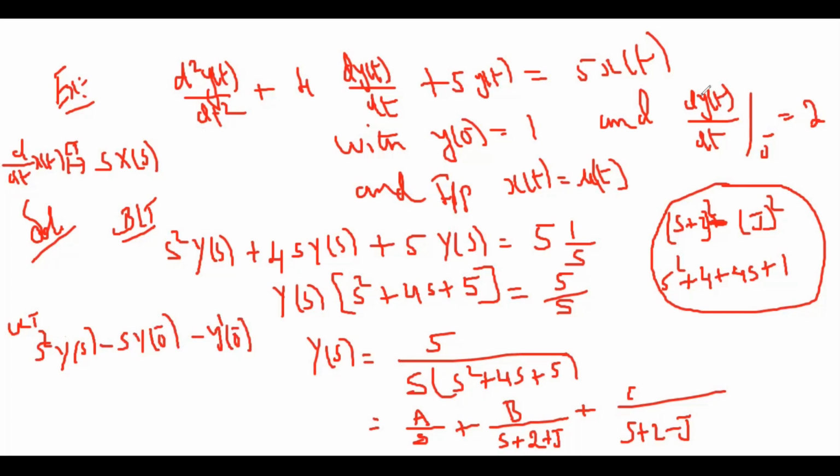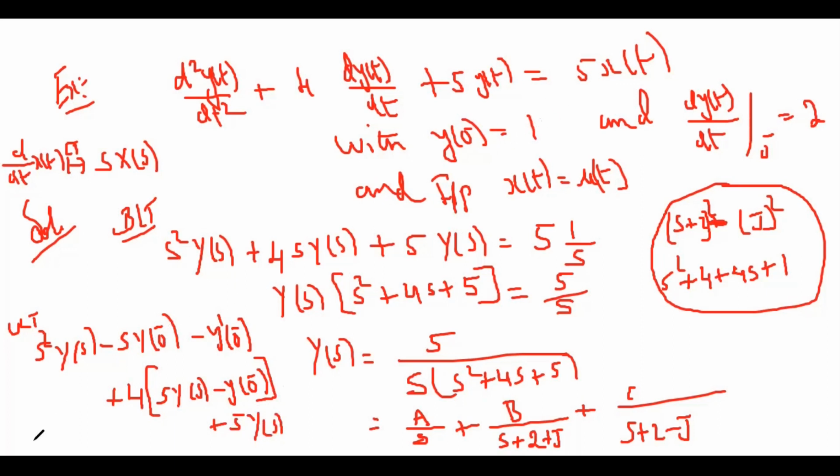So y dash means nothing but dy by dt, plus 4 into d by dt. What is d by dt? s into y of s minus y of 0 minus, plus 5 into y of s. Okay. Now what is y of 0 minus given?